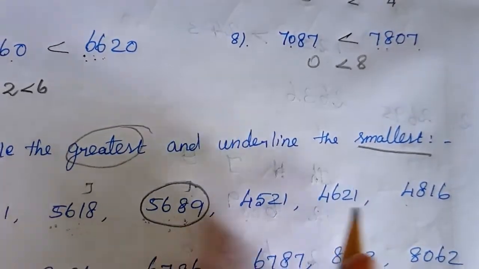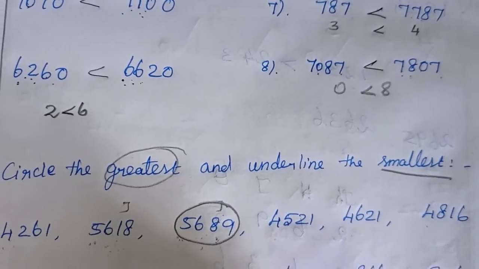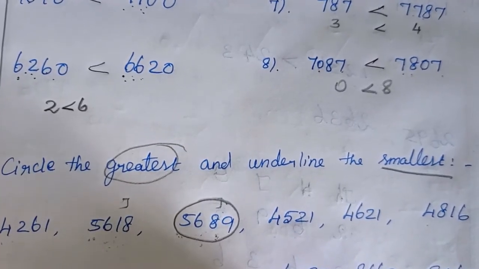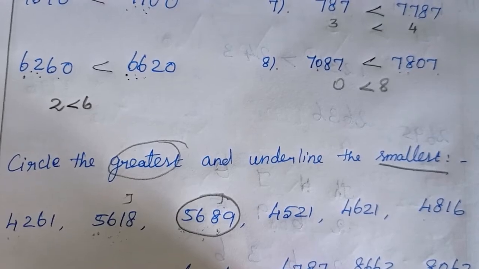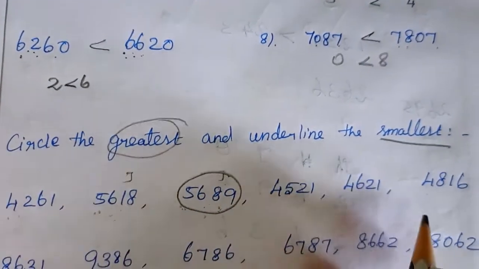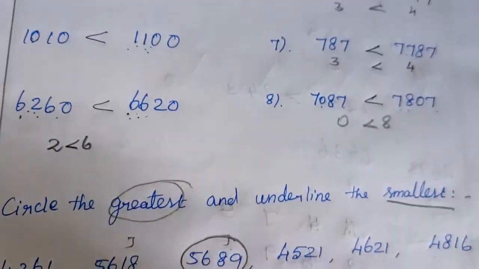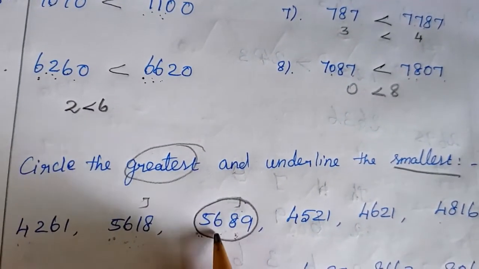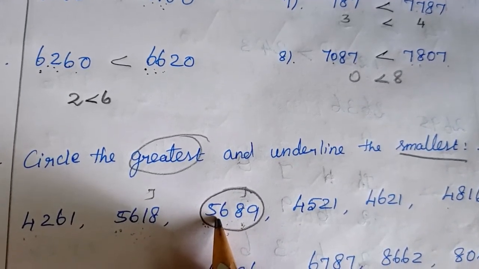Then find the smallest one. To find the smallest one, you have to start with the number of digits. Here all the numbers are 4-digit numbers. Children, next check the highest place value. Here the highest place value is 5.